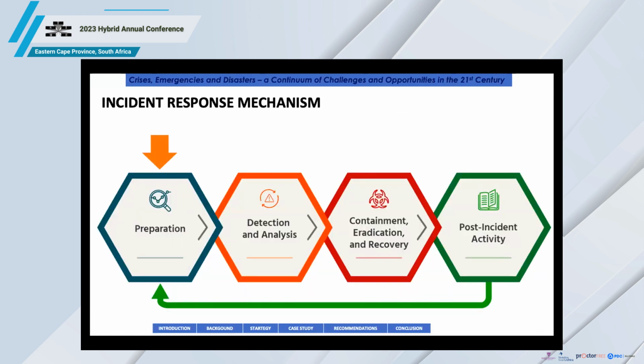In terms of the incident response mechanism that will be put in place, it ranges across the incident response lifecycle: preparation, detection, containment, and activities carried out post-incident.